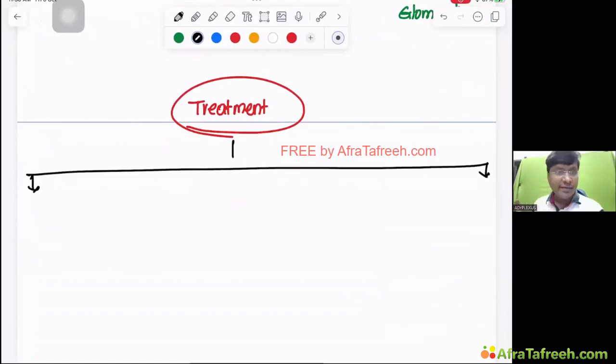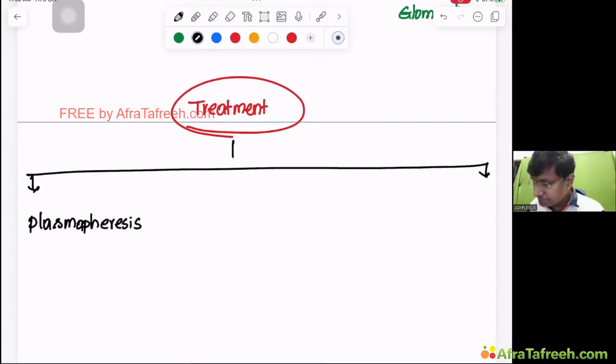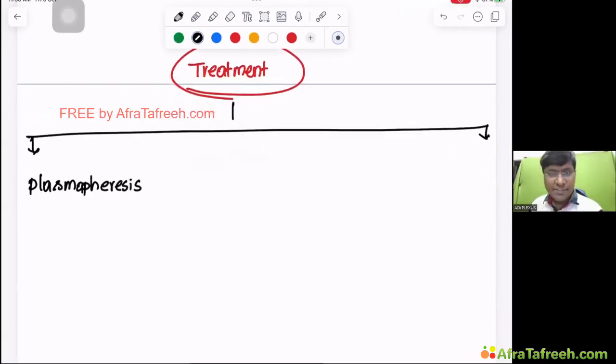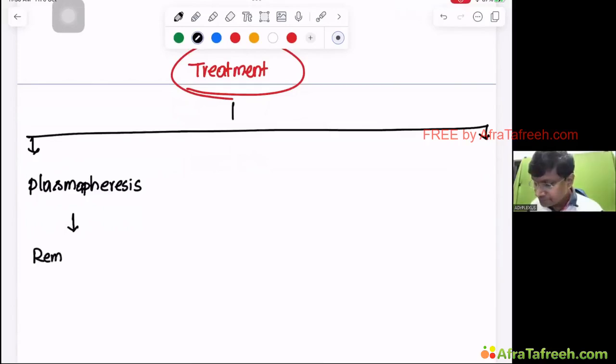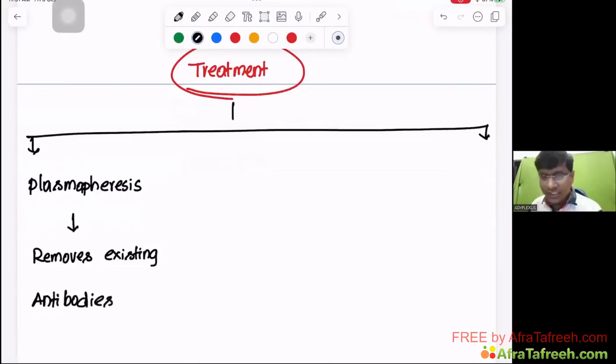You have to take out the antibodies from the body, and that is nothing but plasmapheresis. Okay. So in plasmapheresis, what will you do? Plasmapheresis removes existing antibodies. Right, we remove the existing antibodies.